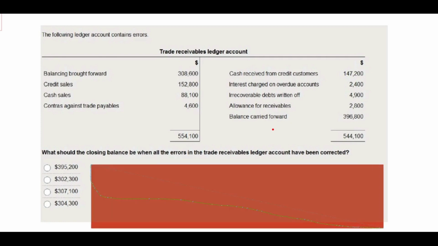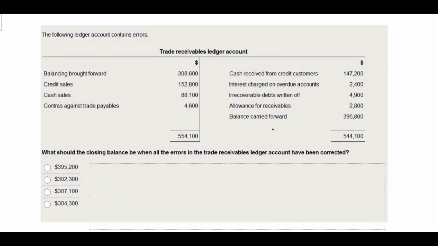Now, before we look into the correction, it's always important for us to know that on the credit side as well as the debit side, what should be the correct posting. For example, if it's on the debit side or the debit entry of the ledger account, we understand in this case the amount owing by the customers will increase.